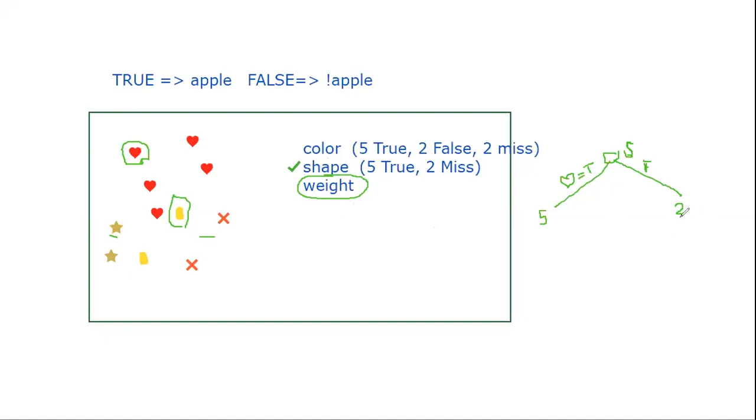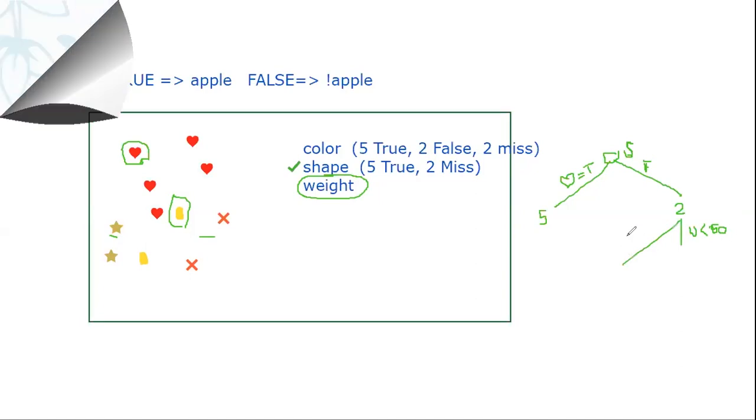So this looks like a tree-like structure, like a binary tree in your data structures, where at every node you have to take a decision, and depending upon that decision you go to different branches. This kind of tree is known as a decision tree.